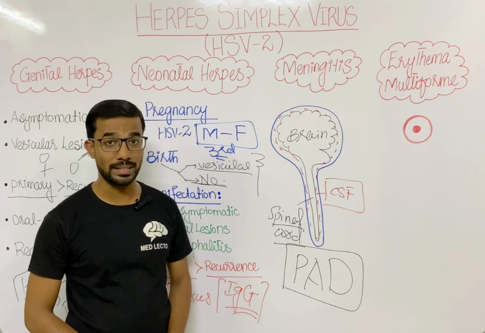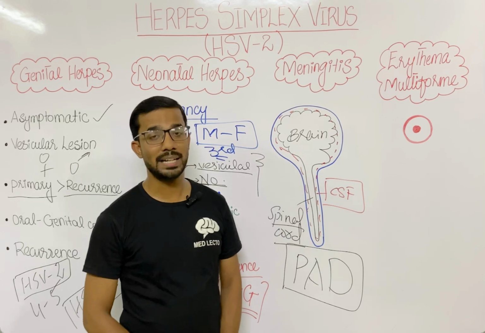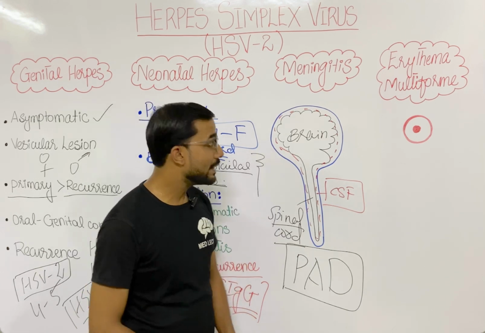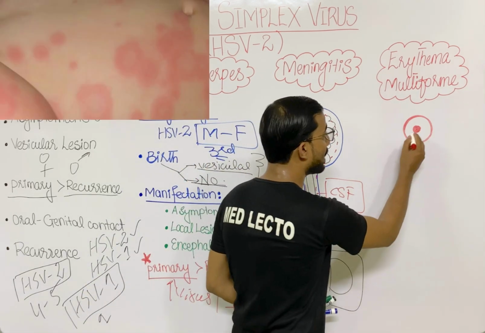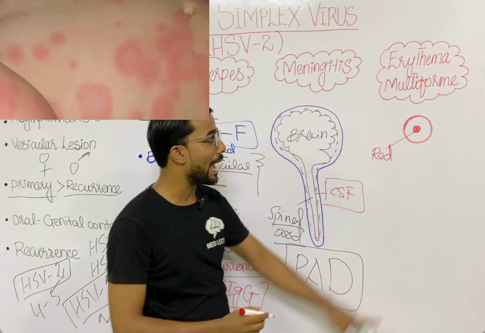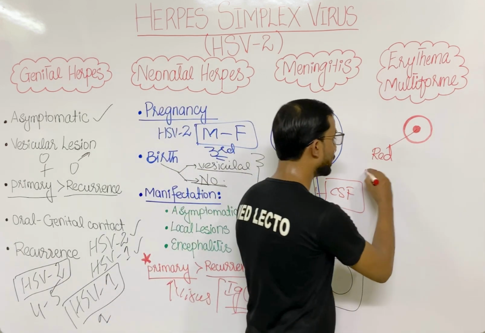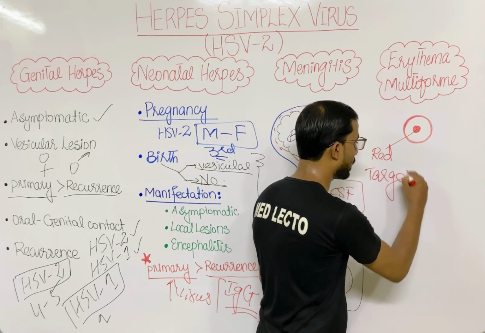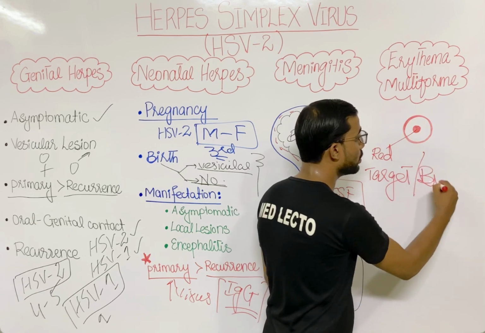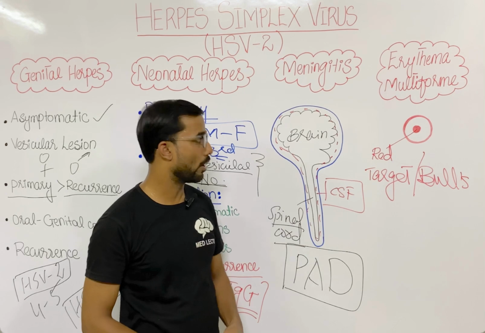but this is actually caused by the virus. Okay. Next is erythema multiforme, which is a rash. In this rash, the central area will be red, then you will see normal skin, and outside you will also see red skin. That is the target shape, or you can say bull's eye shape, lesion. Okay.